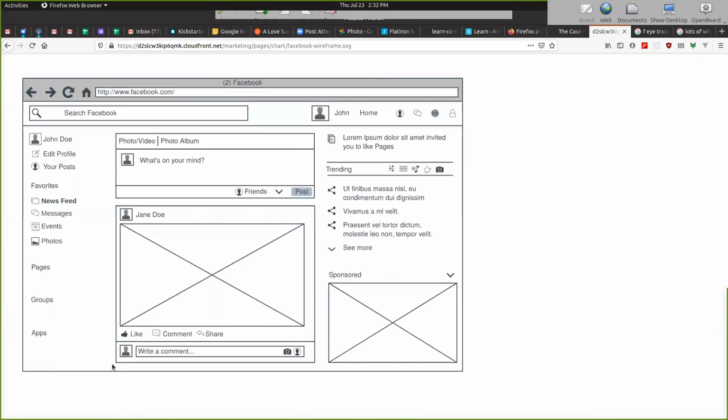What other tools do we have? Iconography.